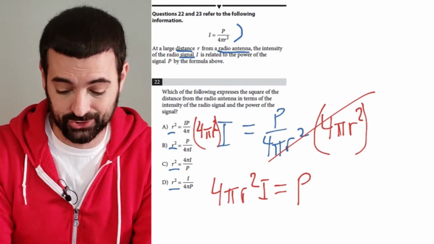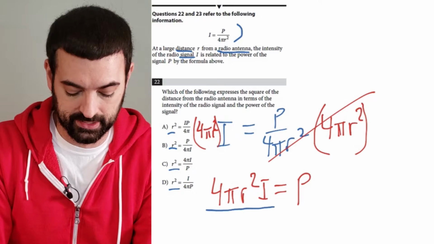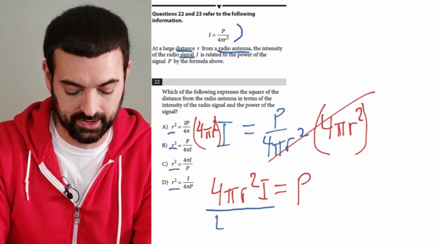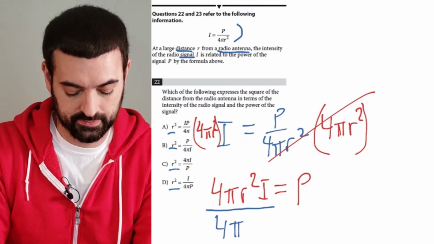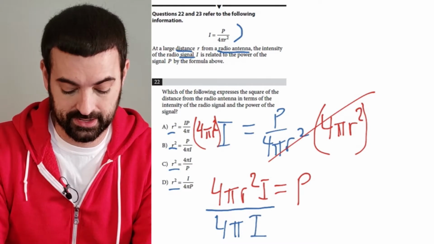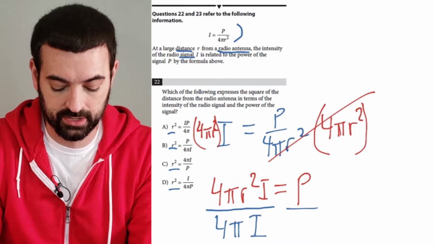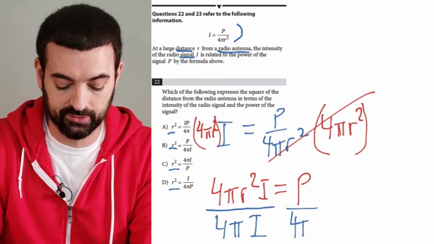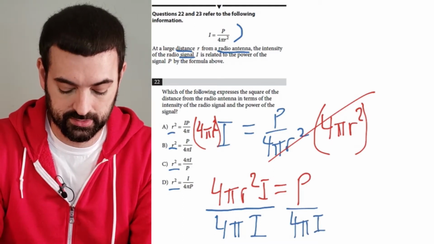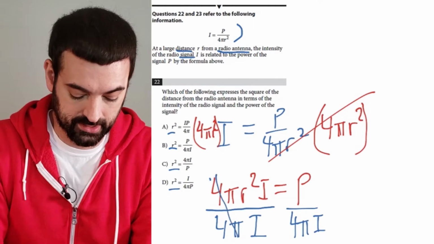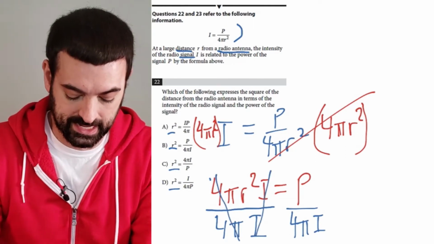And again, I want to get r squared all by itself. I can actually divide this side by 4 pi, and even if I use the commutative property, I can move some of these terms around. I'm going to kind of combine two steps into one. 4 pi I and 4 pi and I cancel.